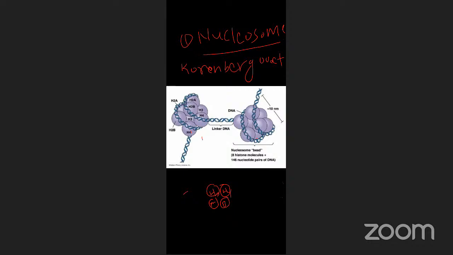Just let me complete first of all. Only 4 histone proteins, and this is 4 histone protein. The backside is also arranged the same: H3, H4, H2A, H2B. Now how many? 8. So this 8 is called an octamer disc. Then this octamer is wrapped by DNA.